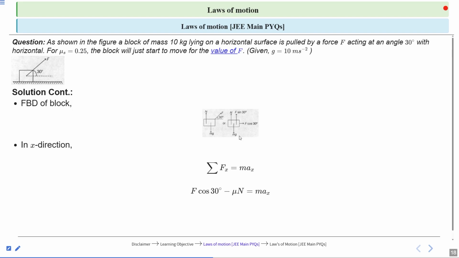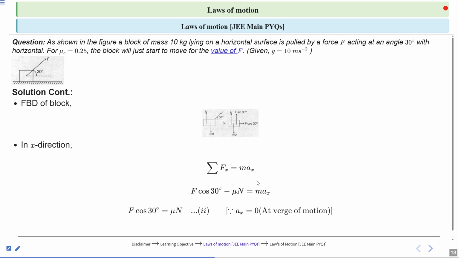The force in the x direction is F cos 30 degree, and there is a frictional force acting opposite to the motion of the block, or in the backward direction. So the net force is F cos 30 degree minus mu N is equal to m a x.